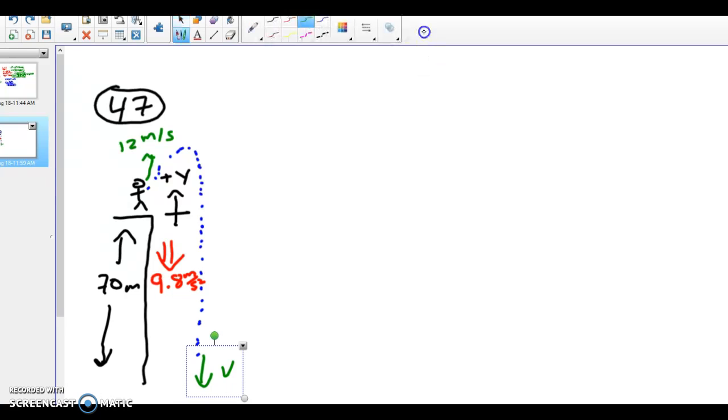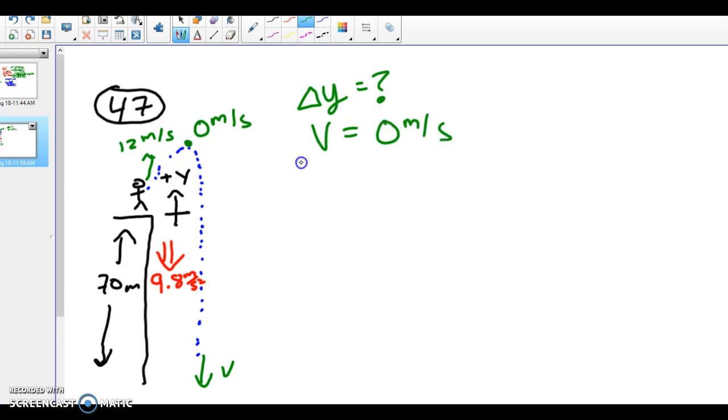So what do we know about it going up? Well, remember, at the top there's a split second in which the velocity is 0 meters per second. So we can solve another problem here: how much displacement have you gone when your final velocity is 0 meters per second, your initial velocity is 12 meters per second, and your acceleration is negative 9.8 meters per second squared.